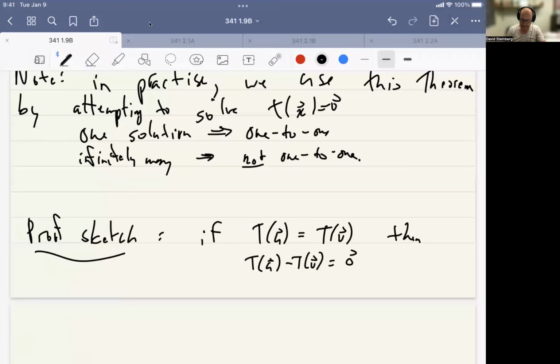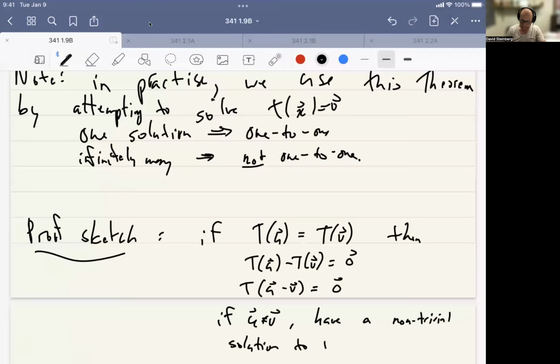And since T is linear, this is the same as T applied to U minus V. And so if U is not equal to V, we have a non-trivial solution to T of X equals 0. Okay, so this is just a sketch of the idea. The complete proof is in the textbook, and I encourage you to look it up if you're so inclined.